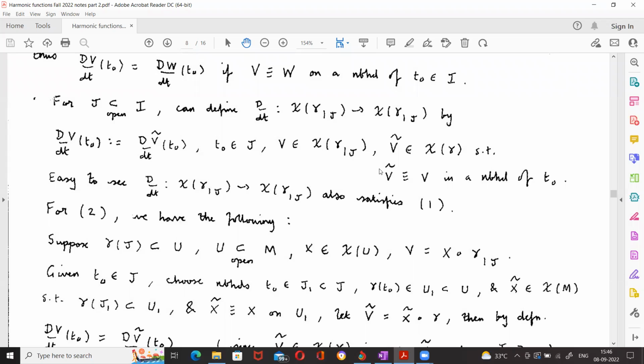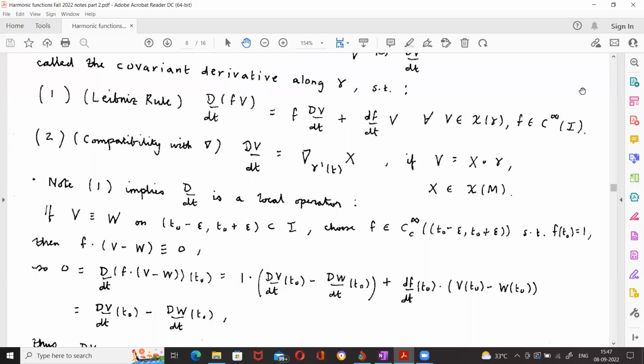Yes, sir. Okay, and so then it's easy to see that the covariant derivative along the curve restricted to J will also satisfy the axioms 1 and 2.